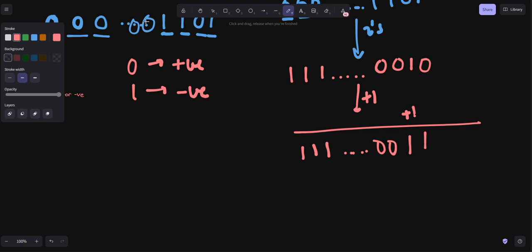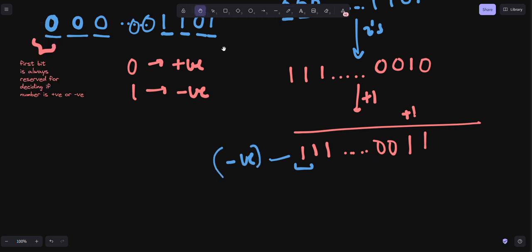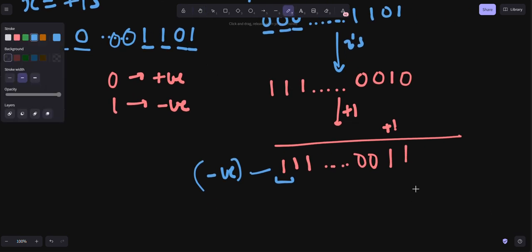If you see here, the first bit is 1, which means that it is minus, and this is how minus 13 is stored.